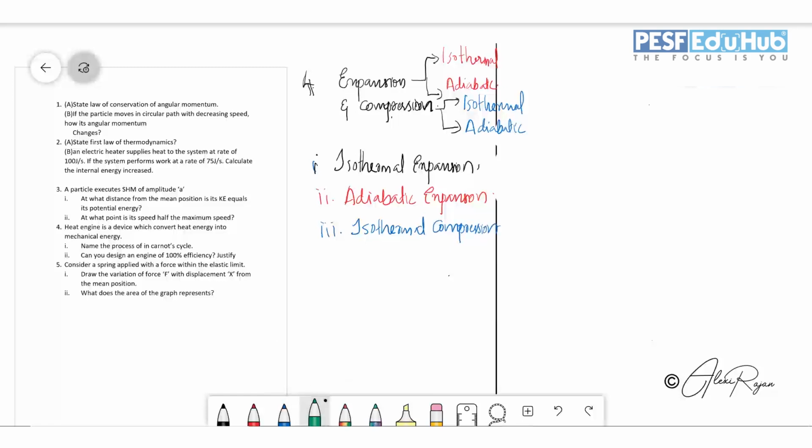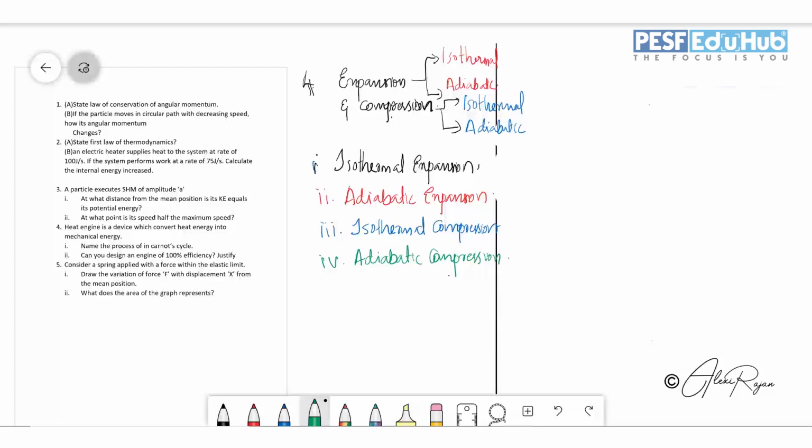And the fourth one is adiabatic compression. So four major processes are taking place there: isothermal expansion, adiabatic expansion, isothermal compression, adiabatic compression. So these are the four processes that are taking place in the case of a Carnot's cycle.